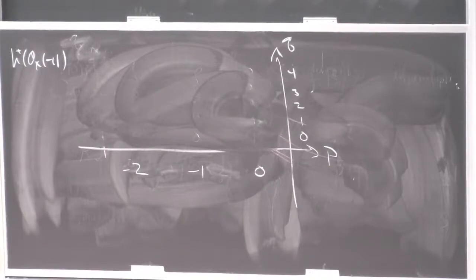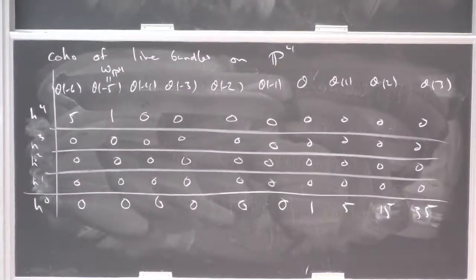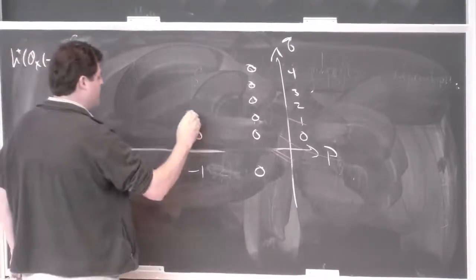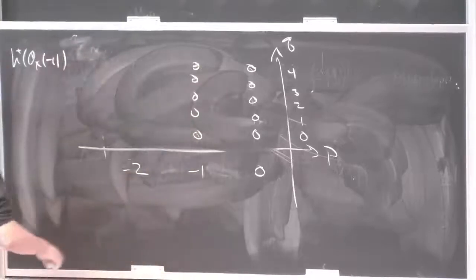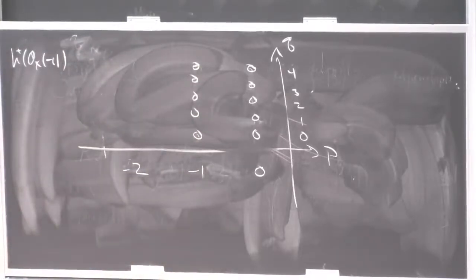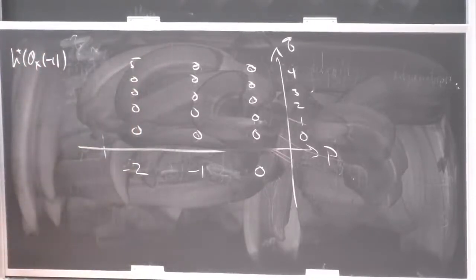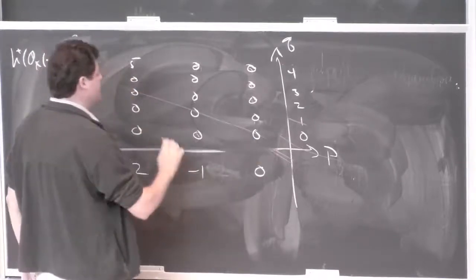So what's the cohomology of Pn there? The cohomology of OP4 of -1, we look, is 0. The cohomology of this thing is also 0. And the cohomology of O of -6 is there. I get 0, 0, 0, 0, 5. So again, looking, I find that H0 is 0.